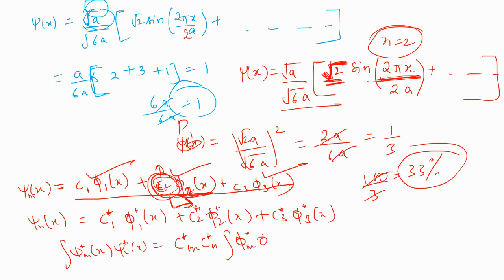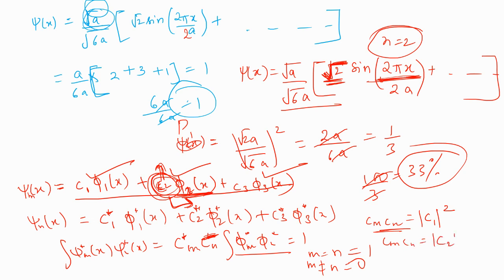So phi m star phi n integrated is equals to 1 when m is equals to n, and this will give 1 value. When m is not equal to n, this will give 0 value. So do here the same way. When m is equals to n is equals to 1, suppose, we get c1 square. If m is equals to n is equals to 2, then it is equals to c2 square.